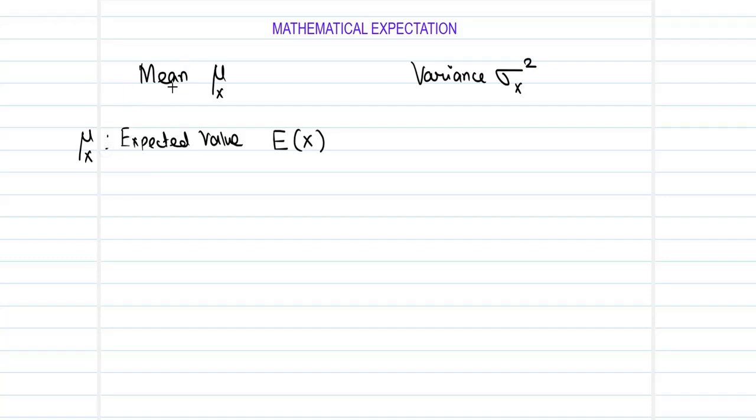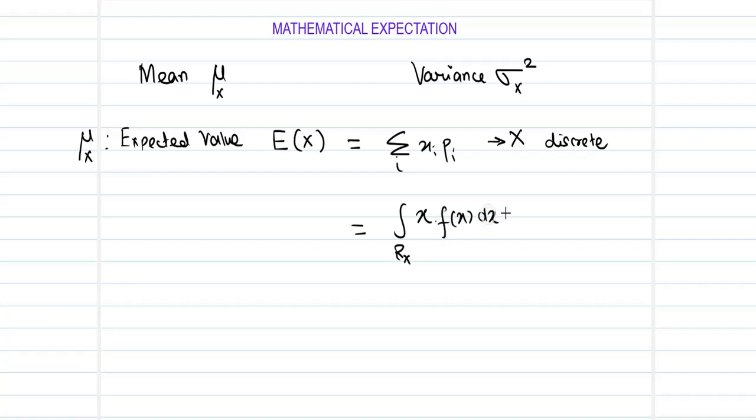It is also at times referred to as the average of the data. It is given by summation of xi pi, with the summation running over i, where X is a discrete random variable, and the same expected value or mean is defined as the integral over the range space x into f of x dx when x is a continuous random variable.